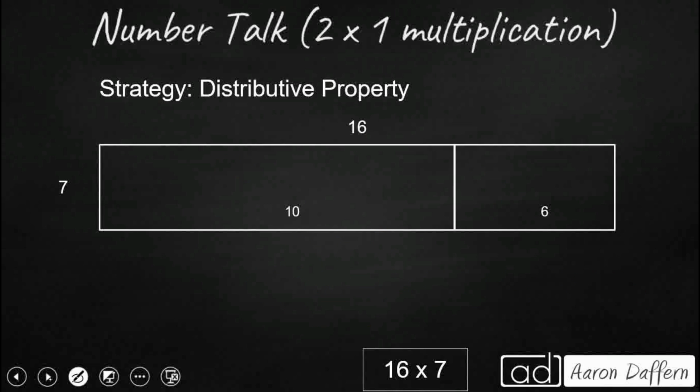Here's another way we can use the distributive property. If we take our 16 times 7, instead of breaking up that 16 into 8 and 8, let's use place value. Let's say 10 plus 6, and think of it as expanded form. That 10 plus 6 gives me two smaller partial products to use, and we're going to distribute the 7 out to both the 10 and the 6.